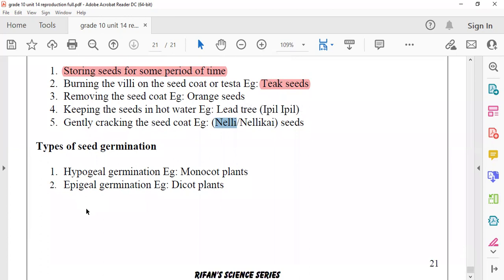And ultimately, in seed germination, there are two types of germination. One we call hypogeal germination and the other is epigeal germination.